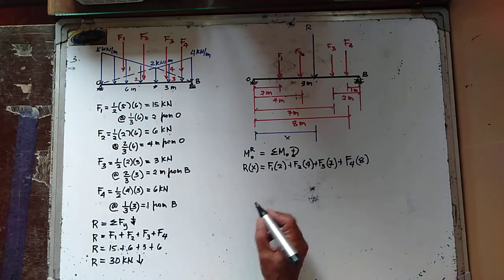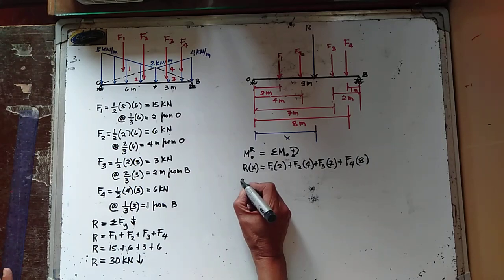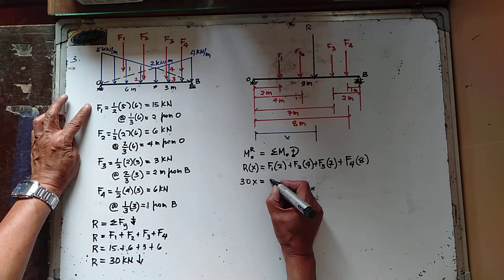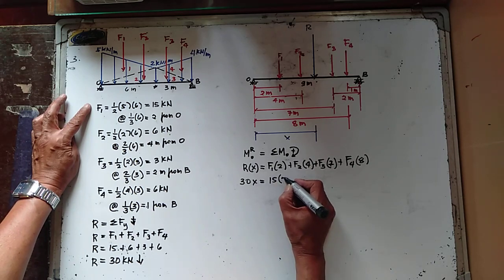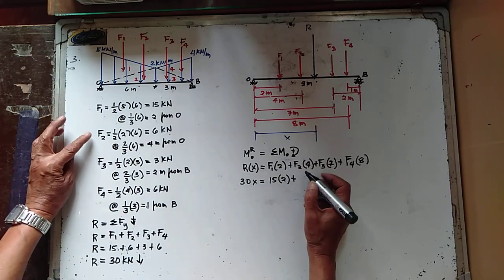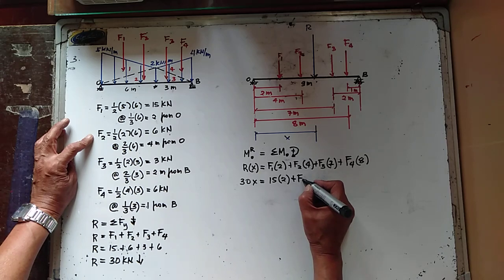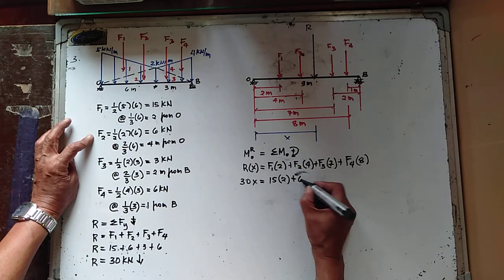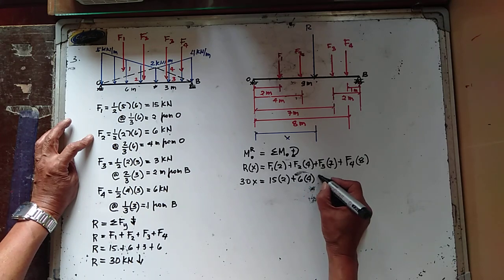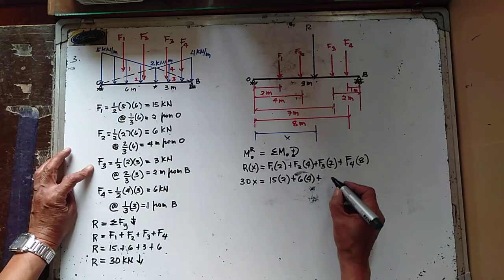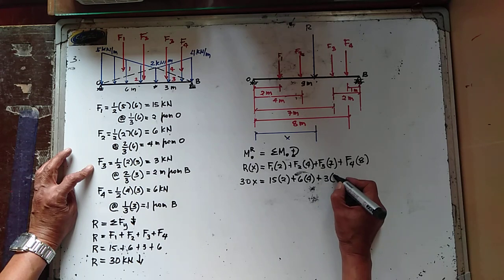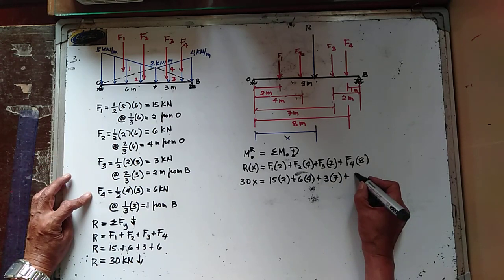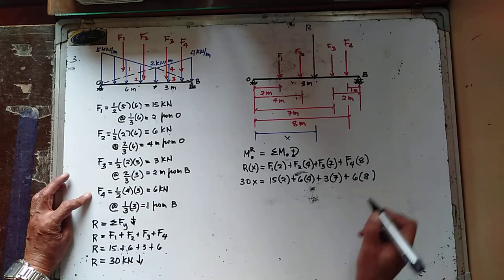So your R is 30, X is equal to F1, 15 by 2, plus F2, 6 by 4, plus F3, 3 by 7, plus F4, 6 by 8.